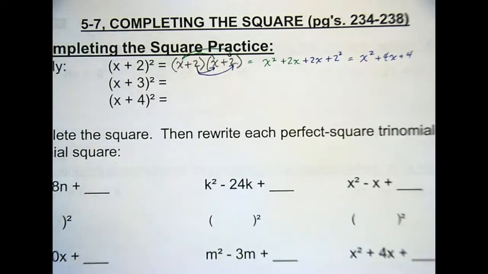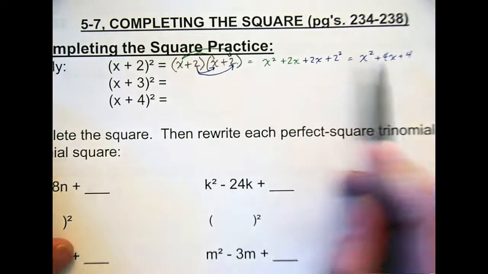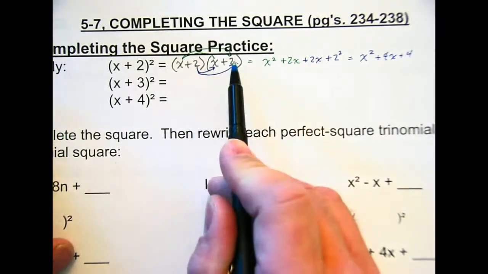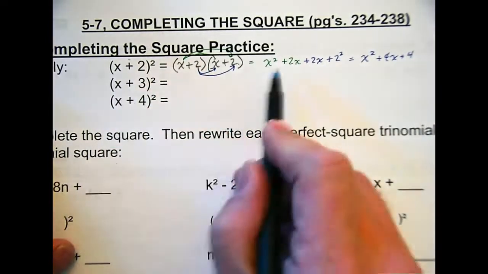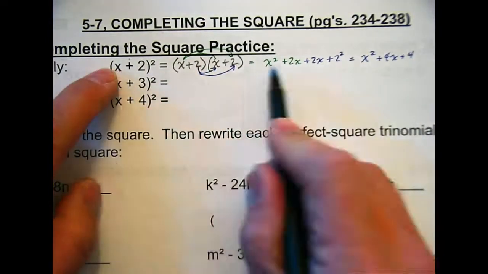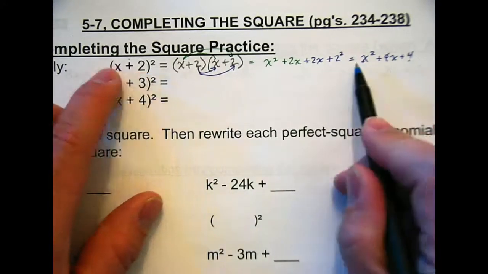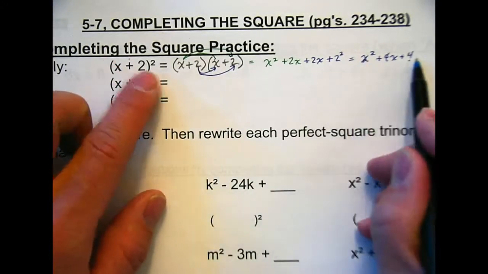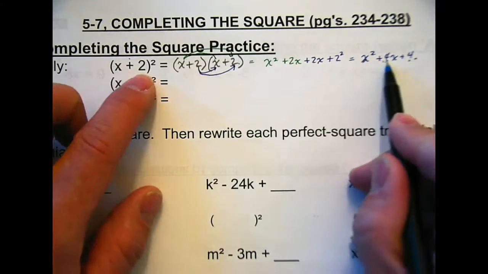I'm hoping that we start seeing some patterns here. This 2x is doubled. There's 2 of them. That gives us the 4x. The back term, the 2, is squared. That gives us the 4. Or if I look at this, my front term, x squared, and my back term, 4, those both get squared.